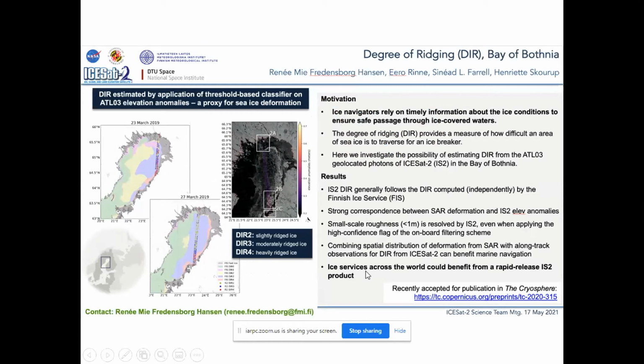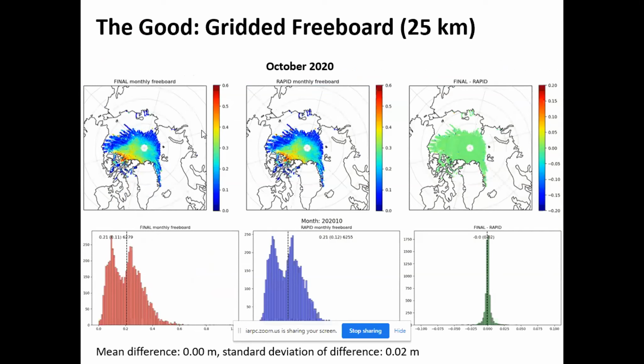Again, highlighting one of the statements here: ice services across the world could benefit from a rapid release ICESat-2 product. This was looking at the degree of ridging from ICESat-2. So releasing rapid products could enable things like looking at ridging or sea ice freeboard and thickness at a really quick scale.